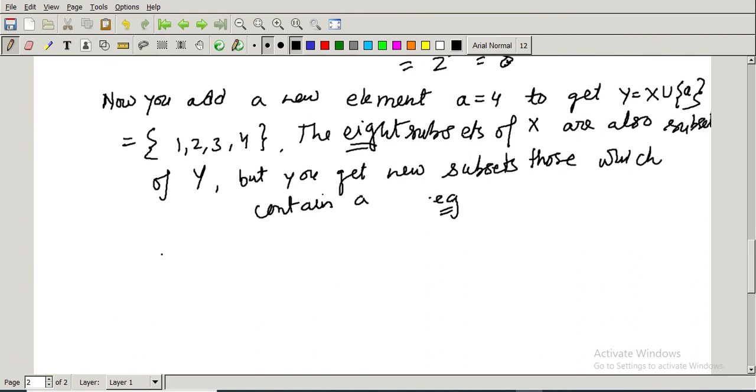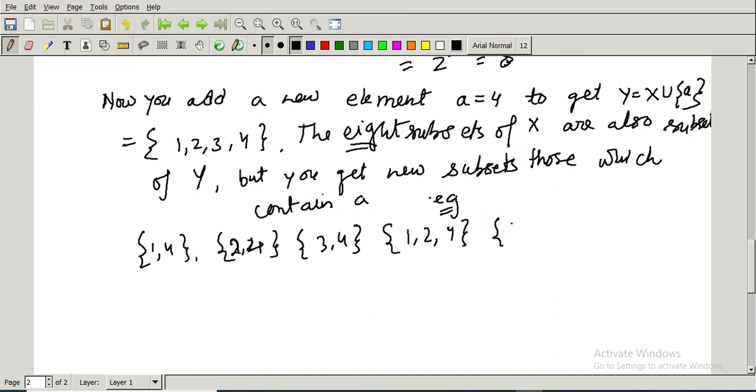So now 1 comma 4 will be a subset, 2 comma 4 again a subset, the new subset that will be included, and then we have 3 comma 4. We will have 1 2 4, we have 1 3 4, and again we have 1 2 3 4.